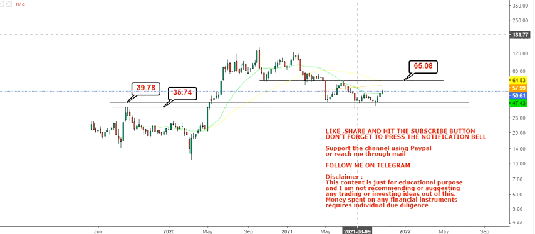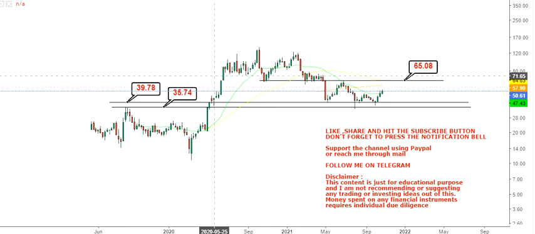go for an upside. So the first or immediate target that we're going to look at will be $65.